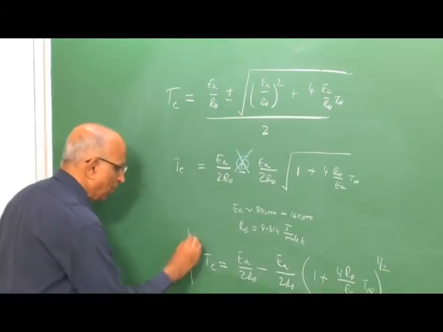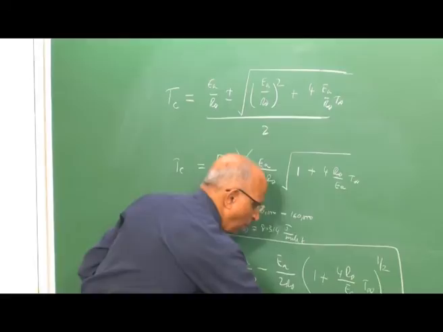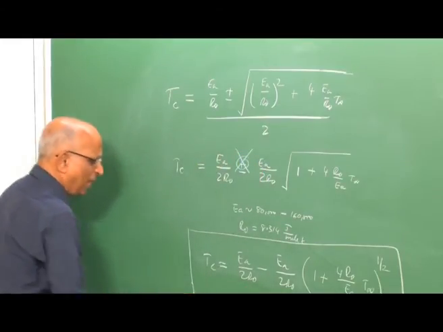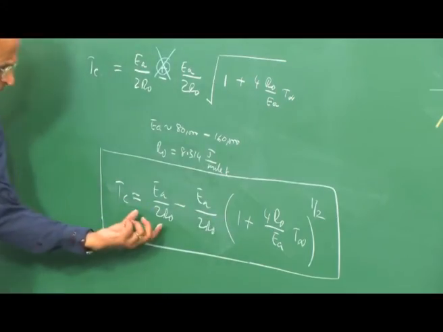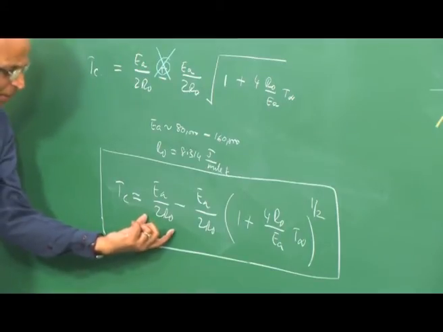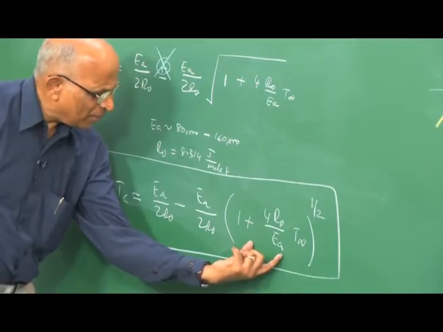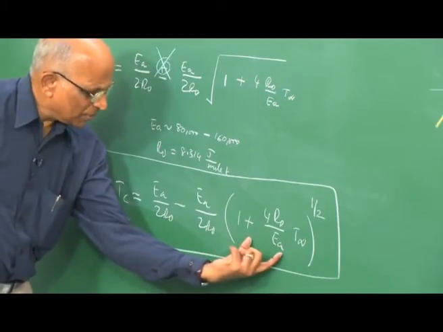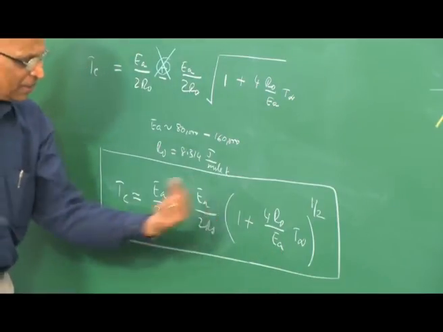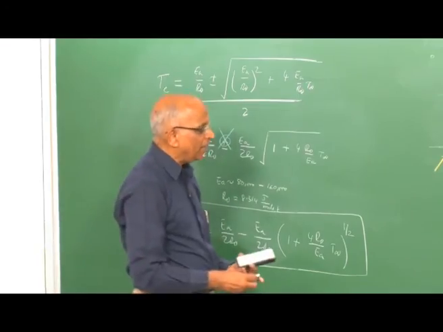Now, I want to discuss this further. I still have this under root sign, and it is not that easy to solve and interpret this. Therefore, let us try to find out the value of this under root term, and see the magnitudes first before we simplify it.